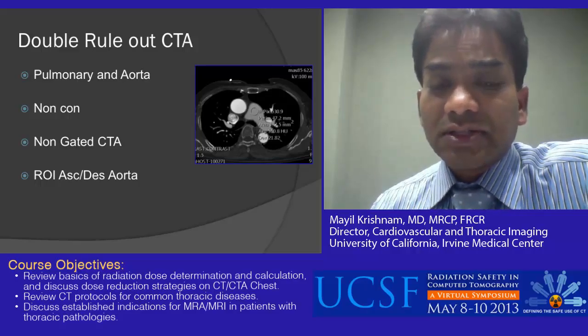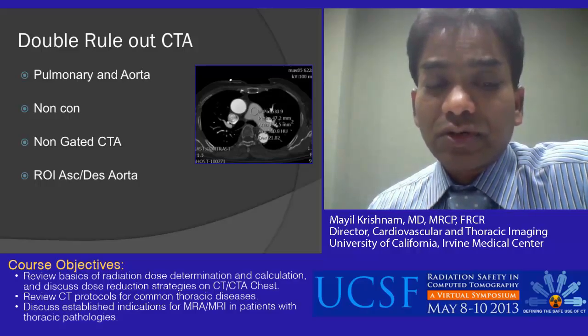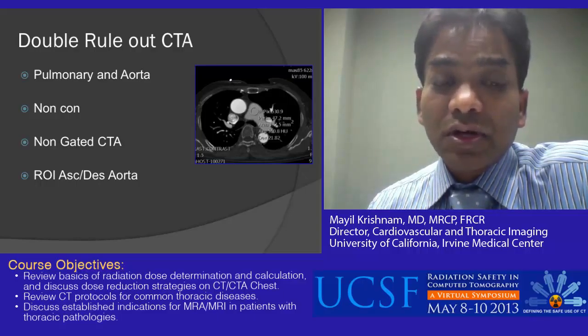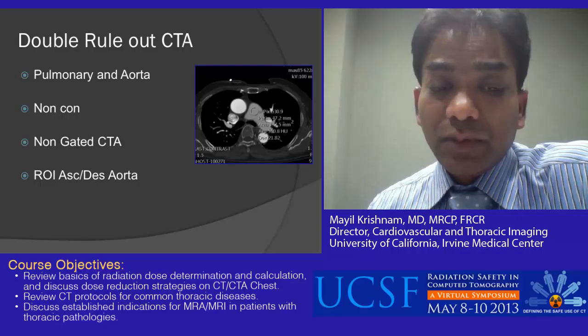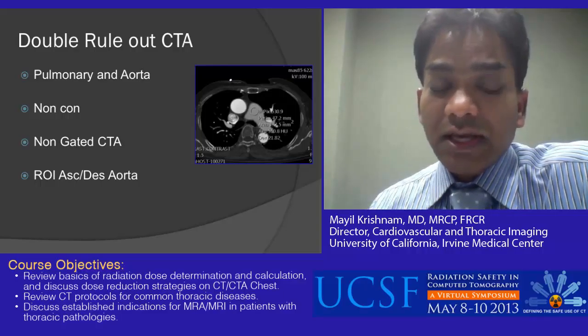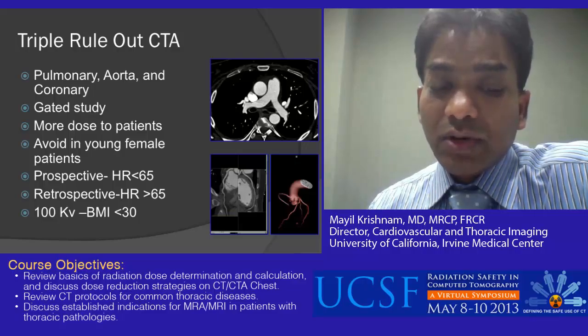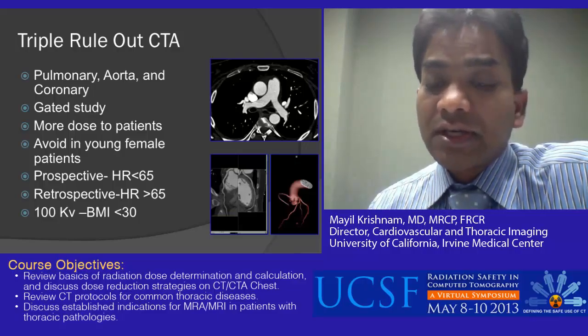In double rule out CTA of the chest, we are trying to rule out pulmonary emboli and aortic dissection. And if the question is more towards dissection, we should perform non-con, otherwise we don't need it. And we don't need a non-gated study, and we should make sure that the ROI is placed on the ascending aorta.